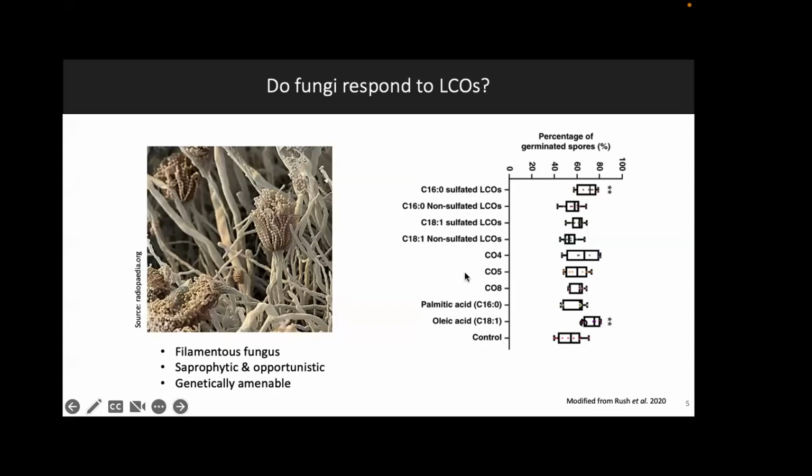He also tested things that would theoretically make up an LCO molecule, so just different chitin oligomer fragments of different sizes, and also just different lipid structures. And what we see here is that a sulfated LCO with a palmitic acid tended to increase spore germination. Though this wasn't necessarily just specific to LCOs, because oleic acid did something similar.